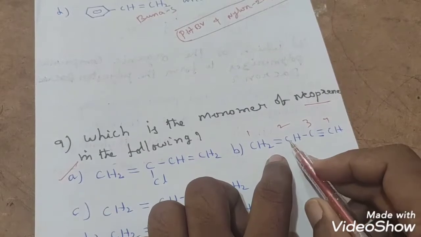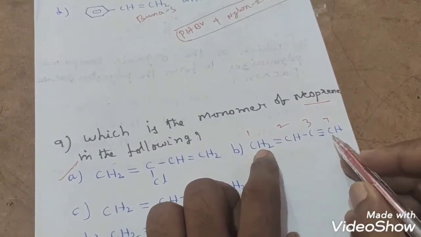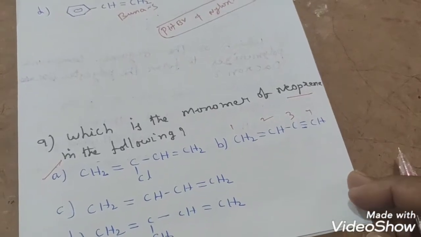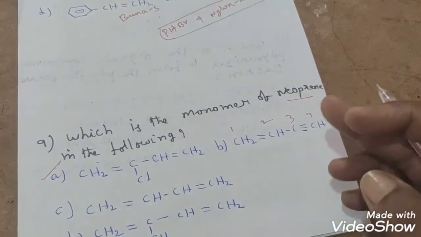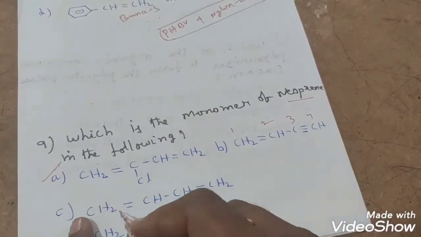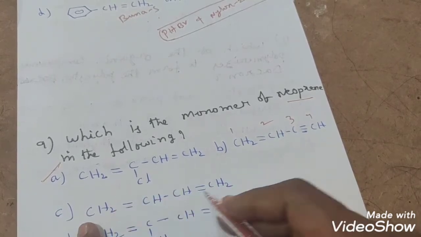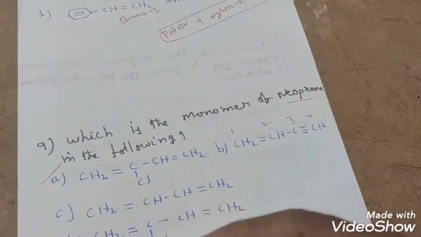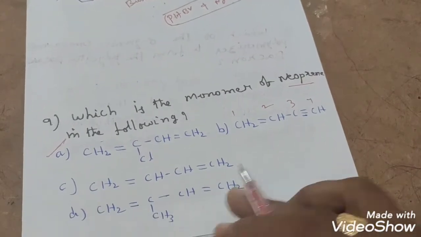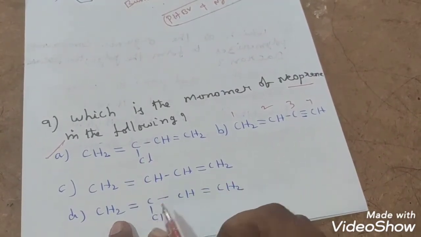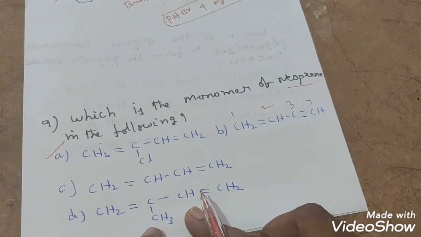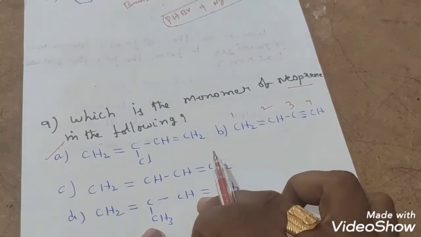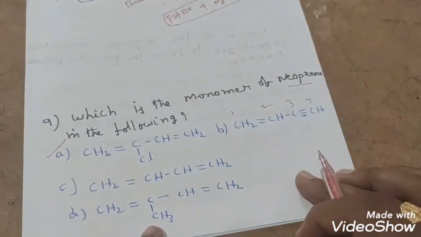Triple bond we nowhere use in this chapter, right? Only we have used double bond and double bond derivatives only. Along with this, one more different monomer is participating in the formation of the polymer. This, if you observe, 2-methyl 1,3 butadiene is the monomer of what? Natural rubber, right? This is the monomer of natural rubber. This is the monomer of neoprene. Okay?